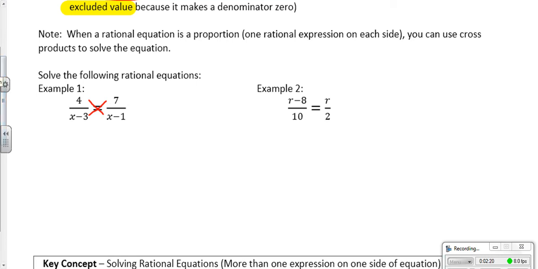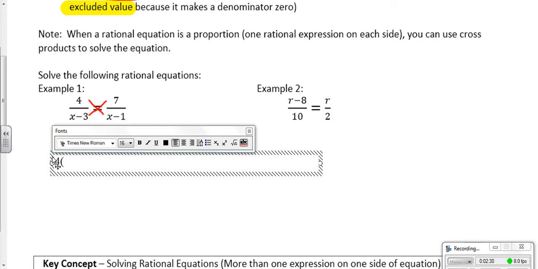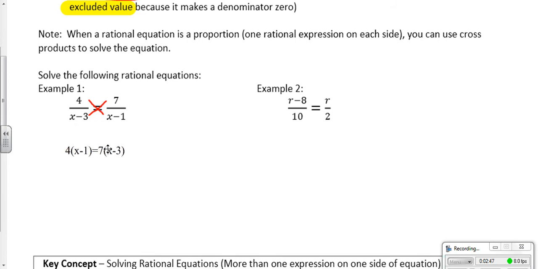So if we cross multiply, then we would get, and I'm going to write this out, 4 times parentheses x minus 1 equals 7 times parentheses x minus 3, and that's what the cross product would give us.